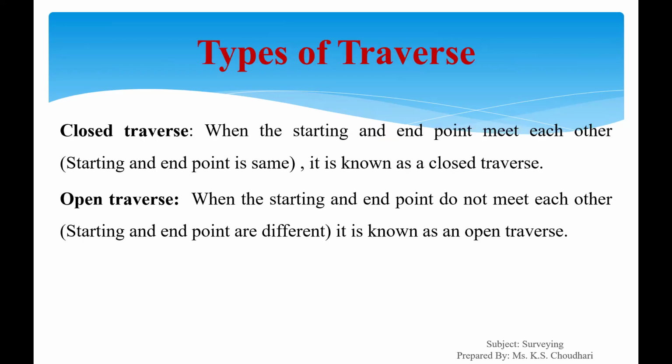There are two types of traverse, closed traverse and open traverse. Closed traverse: when the starting and end point meet each other, that is, the starting and end point are the same, then it is known as closed traverse. Open traverse: when the starting and end point do not meet each other, that is, the starting and end points are different, then it is known as open traverse.